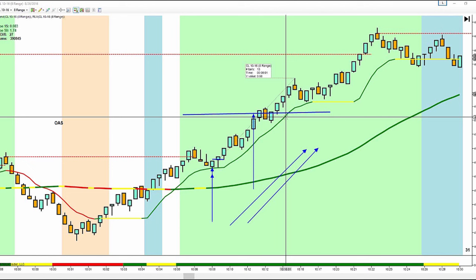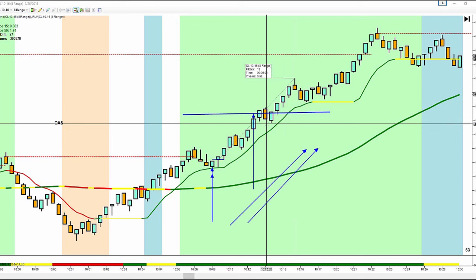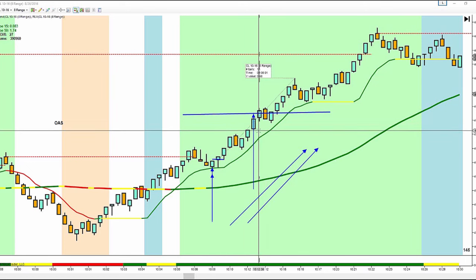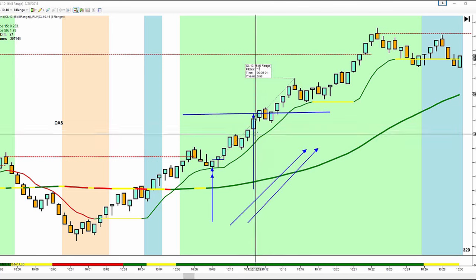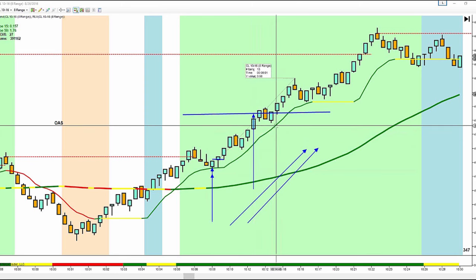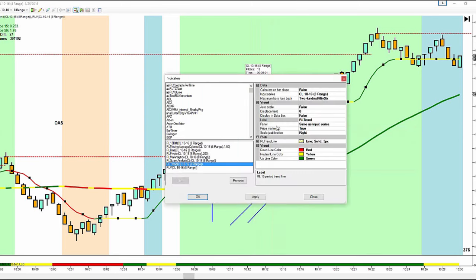Stocks, Forex, and futures. You've been told the 8-period moving average may be better, but has it been proved to you mathematically that it's better? That's where you have to step aside and say, what has been told to you and what has been proven? If we found that the 8-period was better, we would change it.